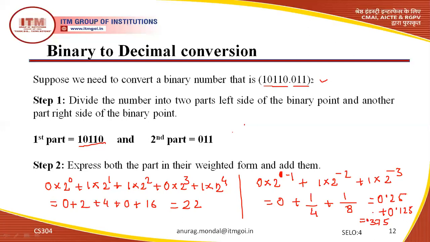That is the point. And after 22 plus 0.375, we have what? 22.375. And this is the decimal equivalence of this binary number.